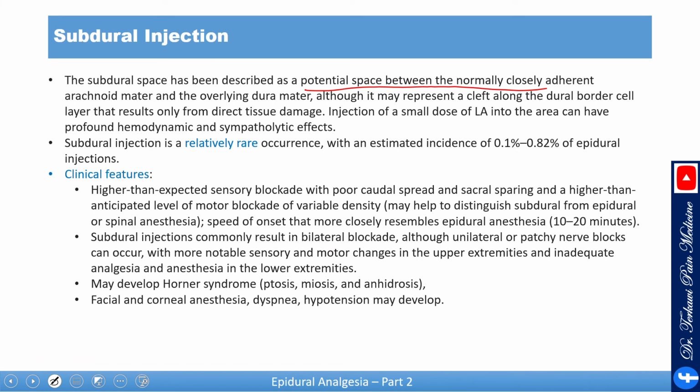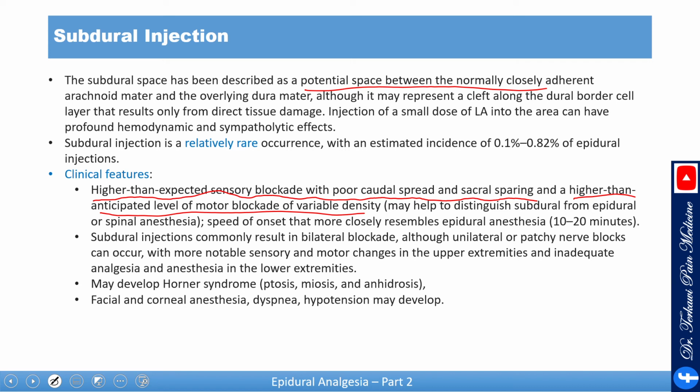Clinical manifestation, this is very important: a higher than expected sensory blockade with poor caudal and sacral spread, with a higher than anticipated level of motor blockade of variable density, may help to distinguish it from epidural.